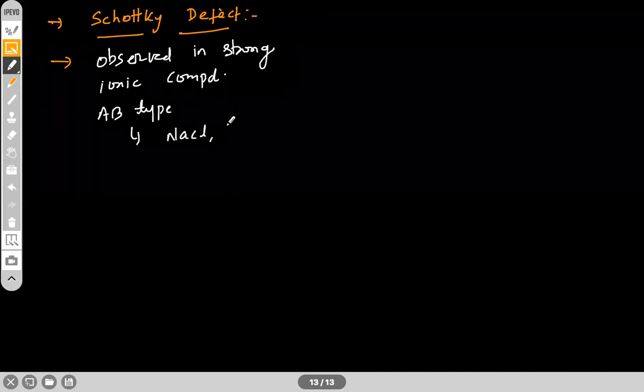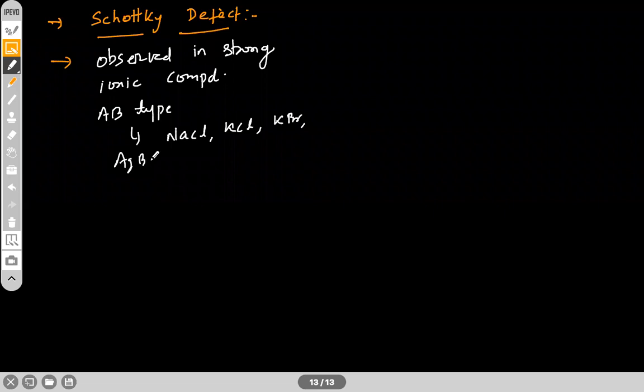NaCl, KCl, KBr, AgBr. AgBr is very important because in this structure both defects are possible, Schottky and Frenkel.